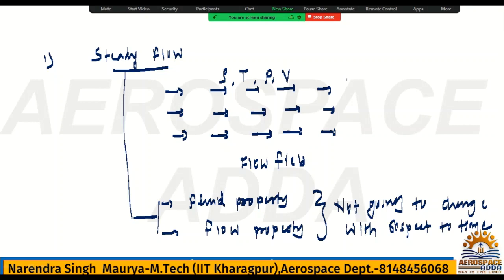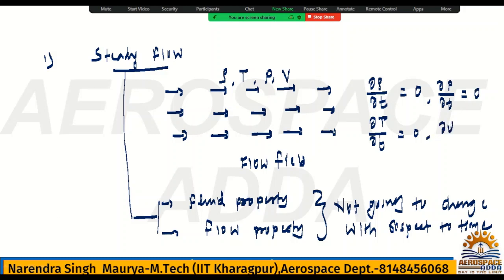If it is constant, the derivative with respect to time will be zero, because it is constant with respect to time. Yes or no? The derivative with respect to time will be zero. So this is this type of flow.